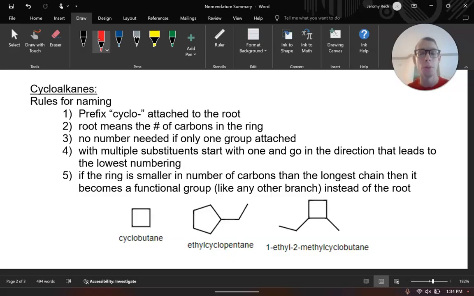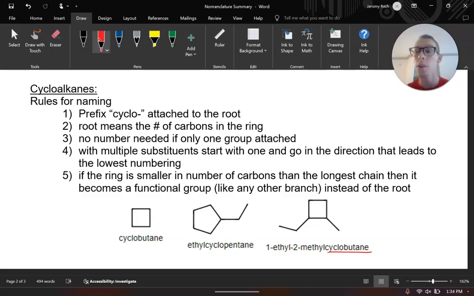When you start getting multiple substituents, then you do need to start using your numbers and your locants. So on that third structure there, we have a cyclobutane, which corresponds to the 4 carbons in the ring. There is a methyl group and there is an ethyl group. When we have multiple substituents, we're going to go in a direction, either clockwise or counterclockwise, and try to get the lowest possible numbers for our substituents.